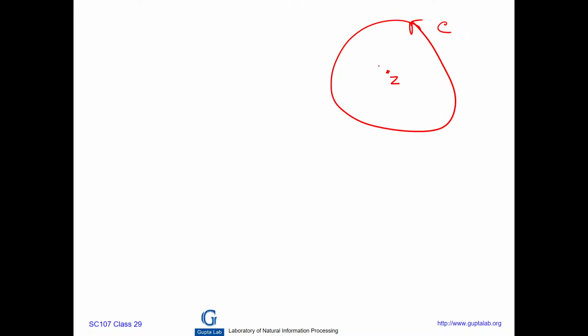Now I am going to construct a circle centered at A. I mean, this is not drawn properly, but I think you can see it. A is the center of the circle, and z is inside this circle.